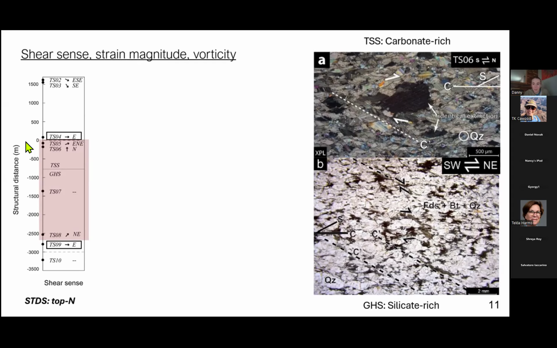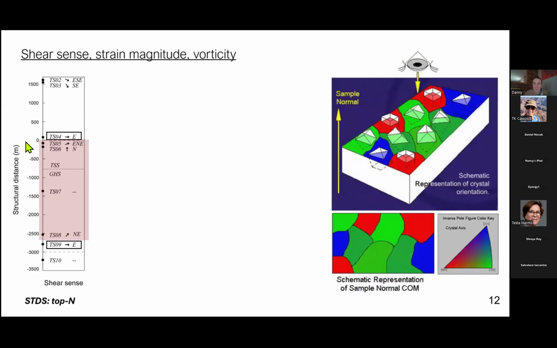Now, there's been a lot of studies that have highlighted the importance of defining shear zone boundaries, not just using expected shear sense, but also using structural criteria like strain magnitude. And one proxy for strain magnitude is the crystallographic distribution strength of key strain accommodating minerals. This can be calculated from electron backscatter diffraction data, so looking at the orientation of crystal lattices.